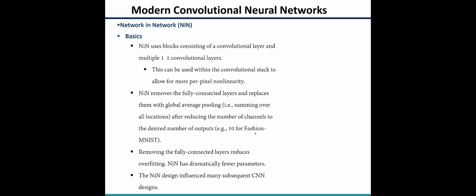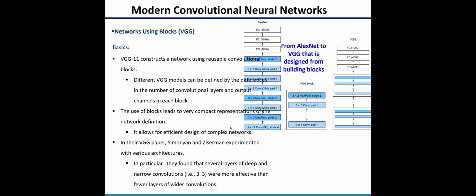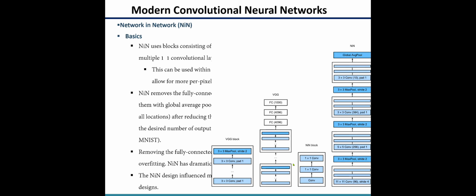They use the 10 classes of the Fashion MNIST data set. Removing the fully connected layer reduces overfitting. NIN has dramatically fewer parameters, and NIN is designed to influence many subsequent CNN designs.